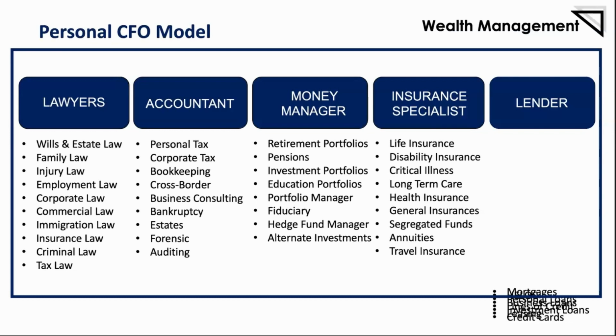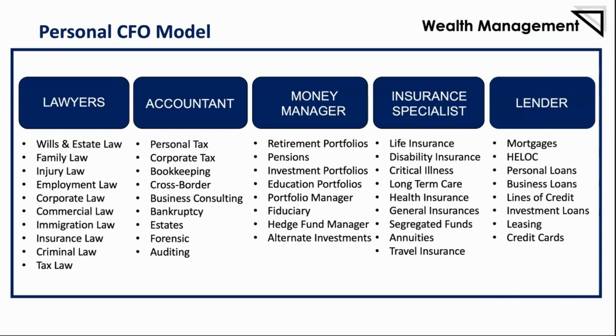So essentially, you want to be the CEO, you want a CFO, and then that CFO is able to loop in and work as a team with other professionals, maybe lawyers, accountant, money manager, insurance specialist, and lastly, a lender, somebody who helps with mortgages, lines of credit, leasing, credit cards, all that stuff, right?